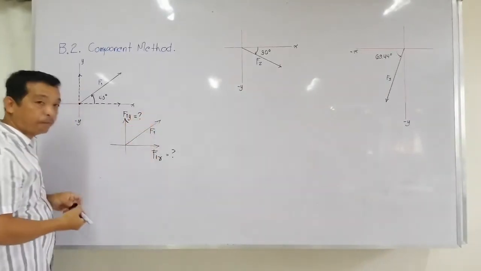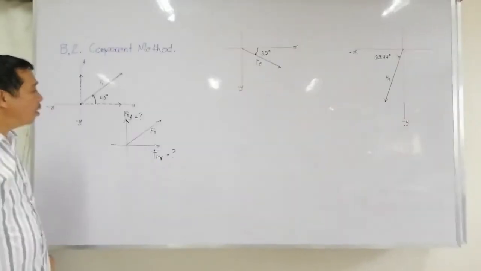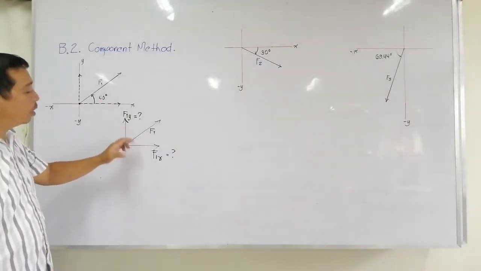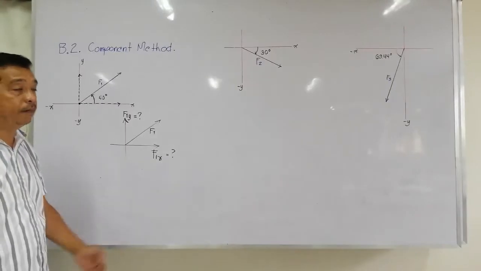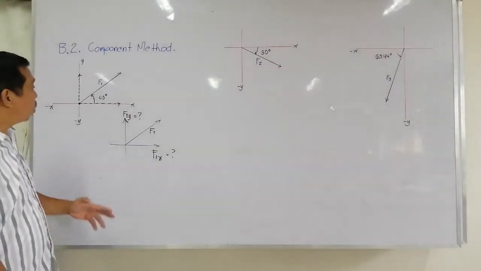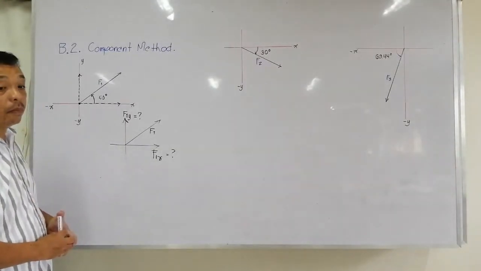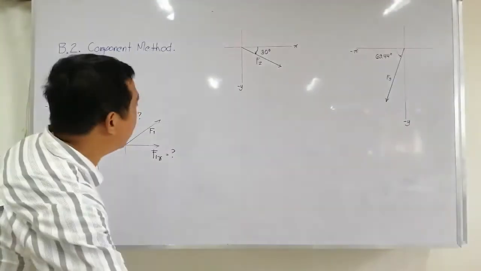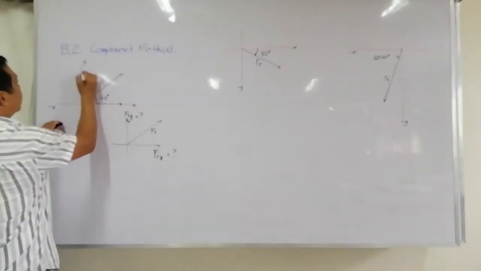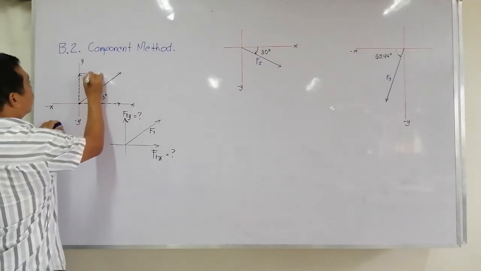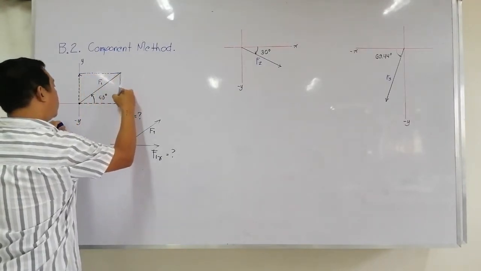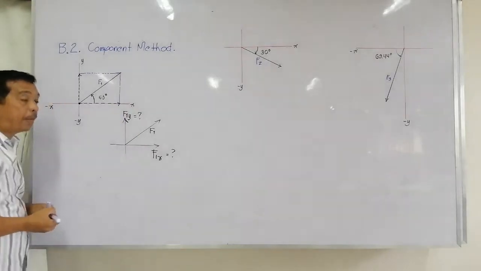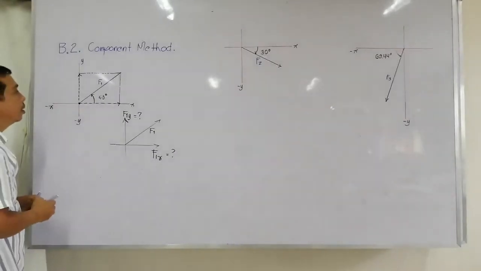Makukuha natin yan. How? For us to be able to solve for the x and y components of a given vector, in this case F1, we need to draw a parallelogram na yung mismong vector ang pinaka-diagonal.